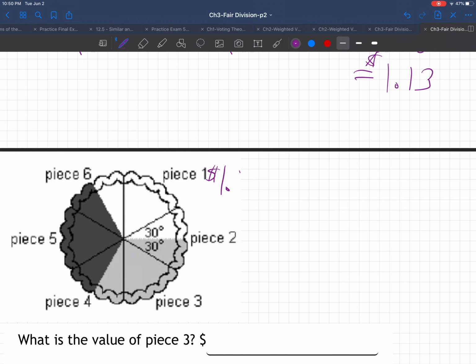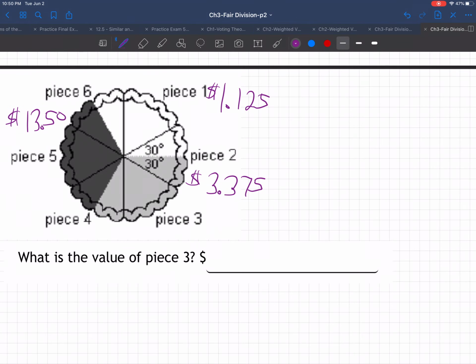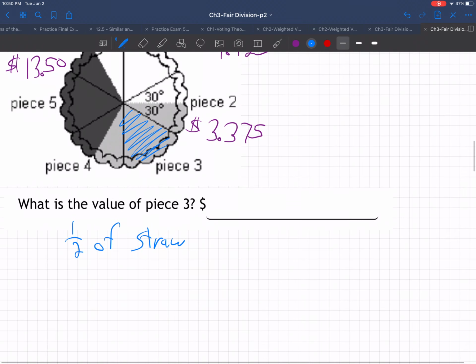Again, we'll put in the values for the whole sections. Okay, so now piece 3. Piece 3 is right here. It's half of the strawberry section. So that's going to be a half times the strawberry section, 3.375.